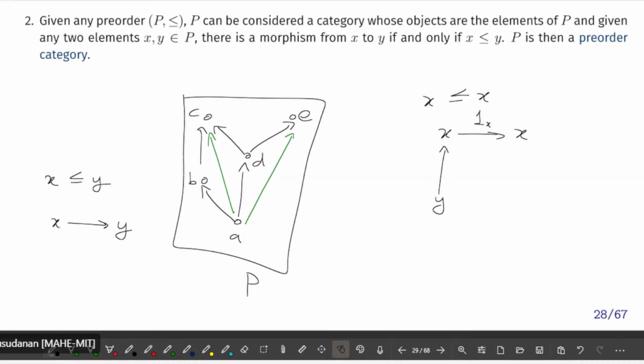Actually, they're there in the pre-order. Suppose from A to D there is an arrow like that. Also there is another arrow, but by definition the quantity is to be this.